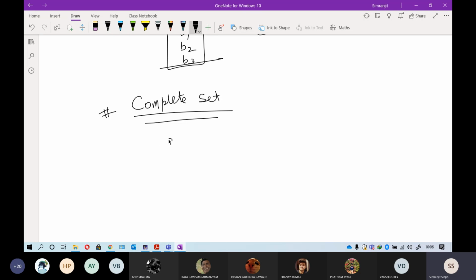The example of a complete set will be select, project, union, set difference, and cross product. You cannot implement these operations with the help of any other operation, so I can call them a complete set because they are not dependent on any other operation.